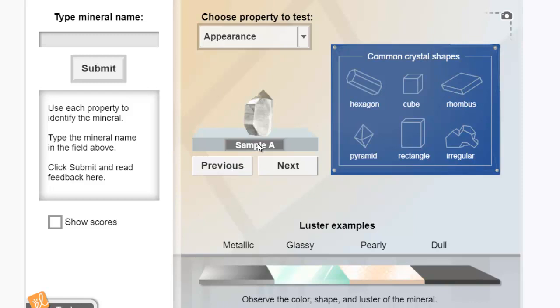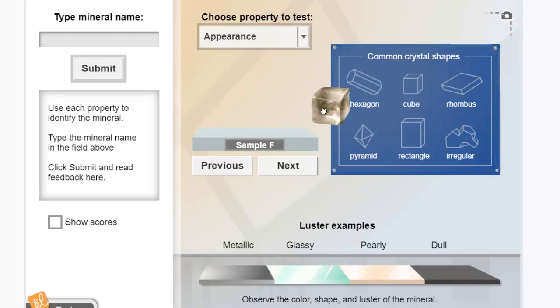The minerals are labeled by letters, mineral A, B, C. Just click on next, or go back to the previous. We'll do the first one together, sample F. On the data sheet, I've already filled in the halite for you.